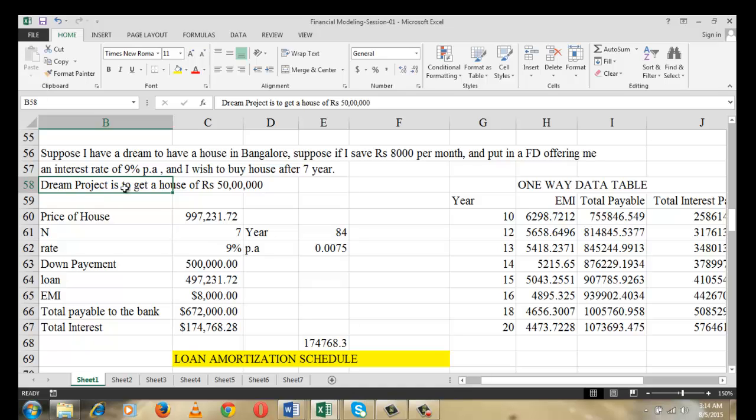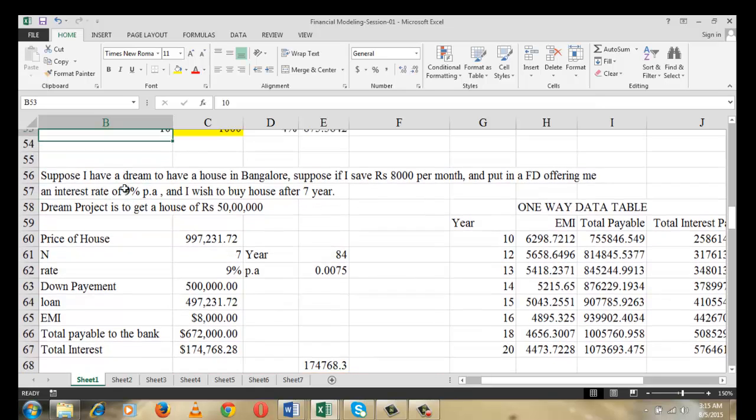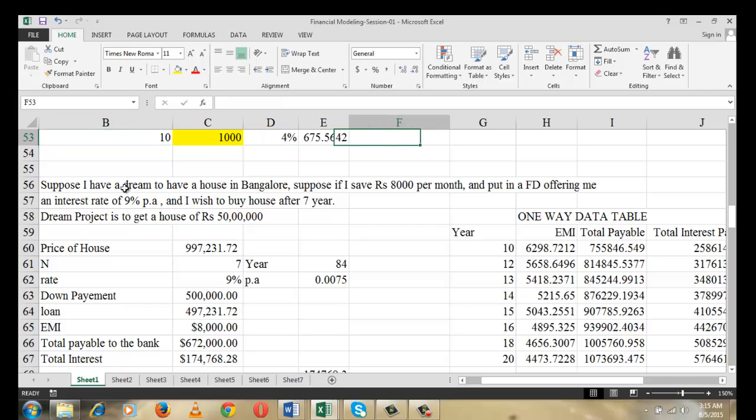Like here I've taken an example. Suppose I had a dream to have a house in Bangalore, and I can save around 8,000 rupees every month, and the FD is offering me 9% interest per annum, and I want to buy a house after 7 years.